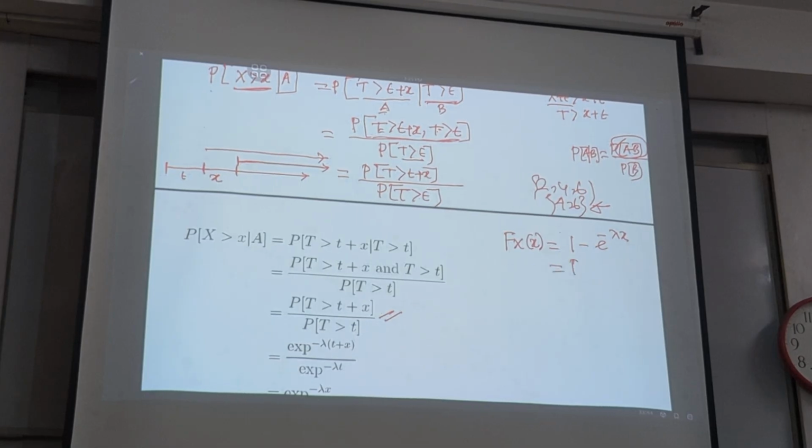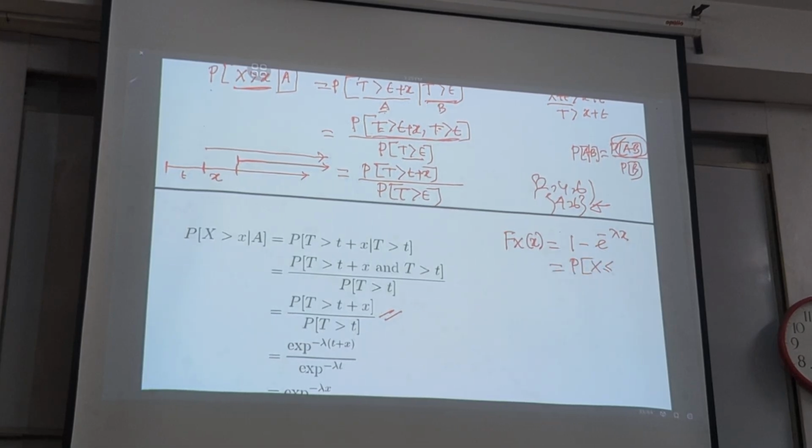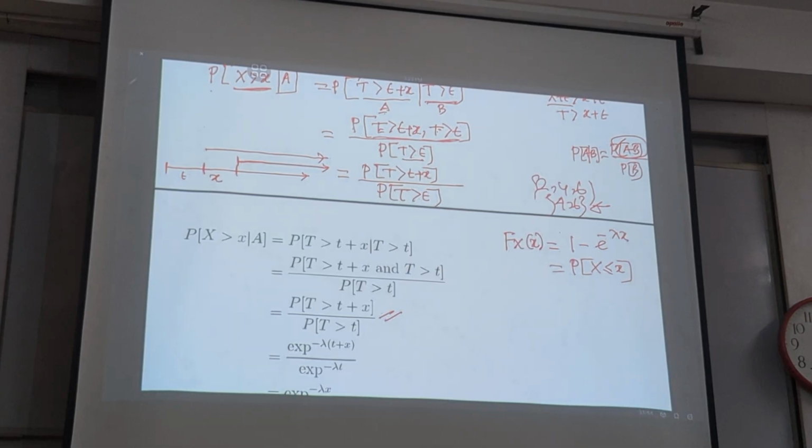And this one is what? If the probability that X is less than x is equal to 1 minus e to the power minus lambda x, then what is the probability that X is greater than x? It is e to the power minus lambda x. Then from here, what can we write?